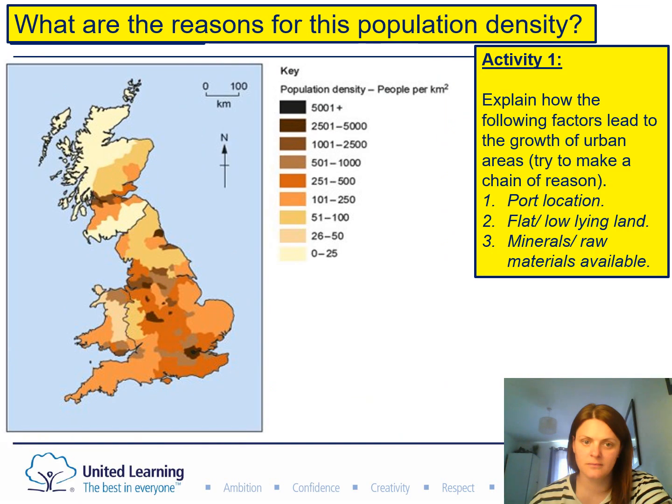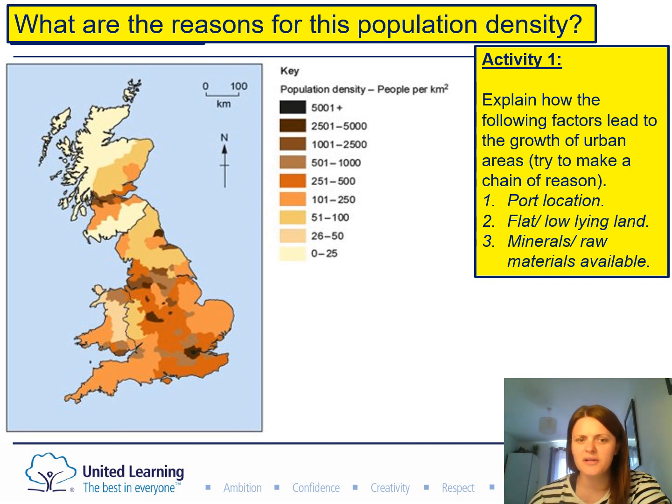Well done. All right, so we know where the places in the UK have the most dense population. If you haven't figured out already, they are big cities. So they are cities that have the highest population. But why? What has happened in those cities to attract so many people to live there, and meaning that other parts of the country have very few?